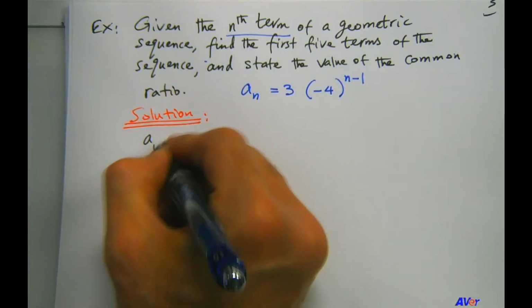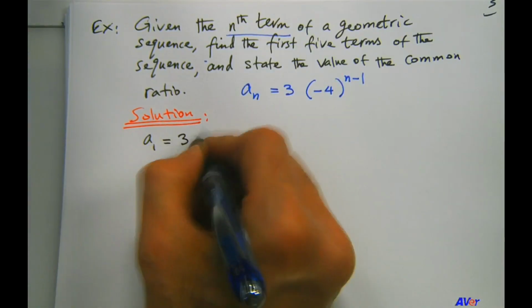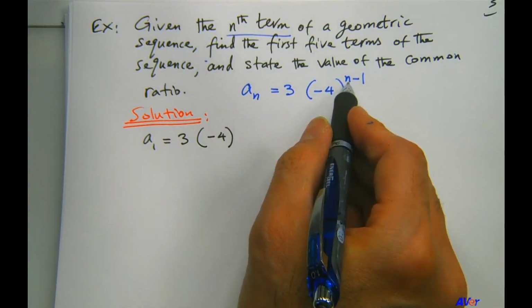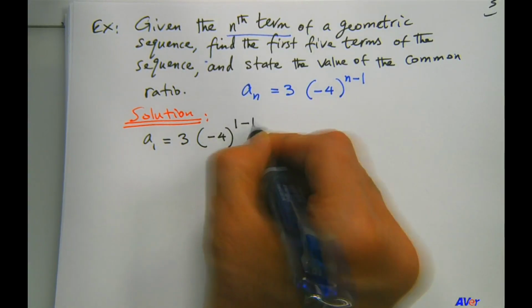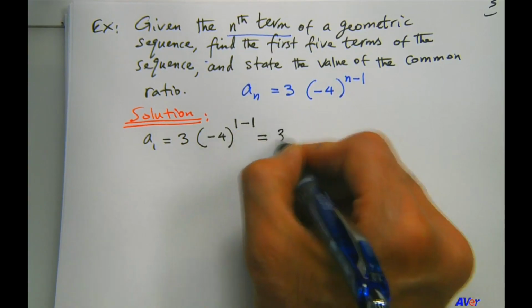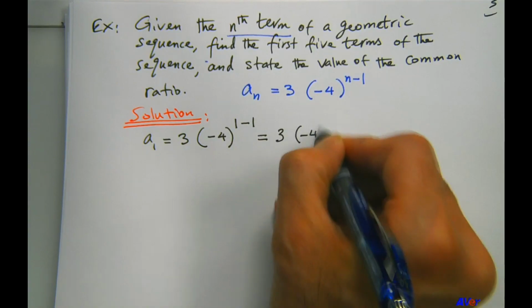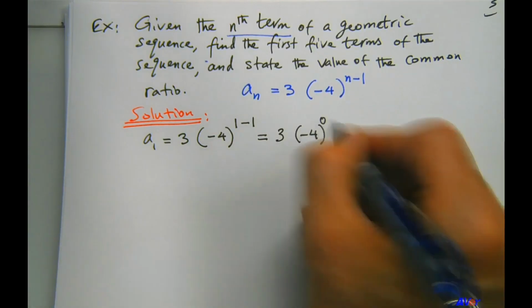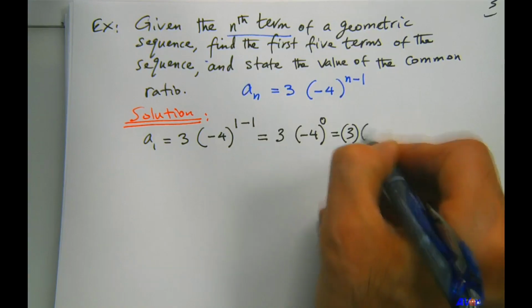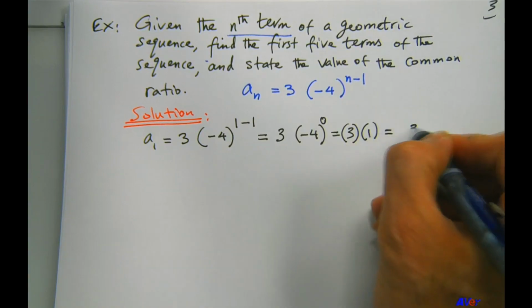a_1 is 3 times minus 4 to the power n, which would be 1, right? 1 minus 1. And this is equal to 3 times minus 4 to the 0 power. And then anything to the 0 power is 1. Right? 3 times 1, so we get 3.